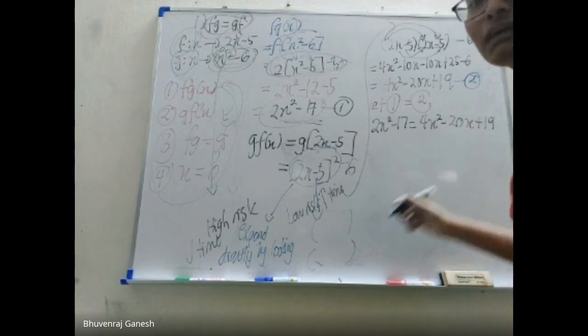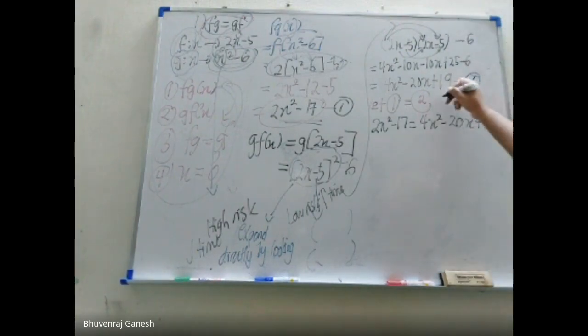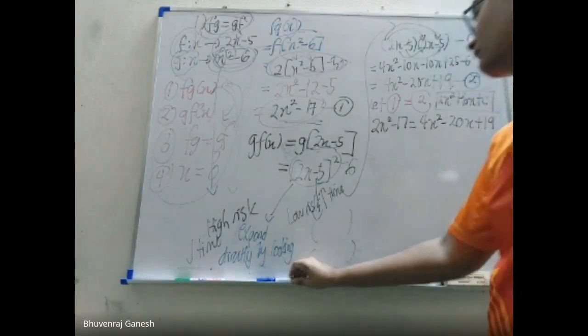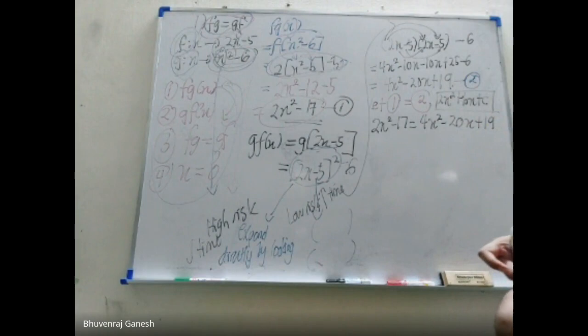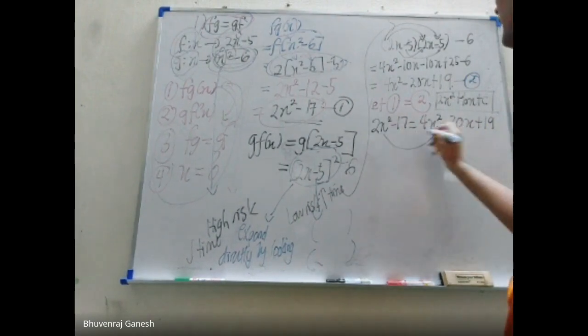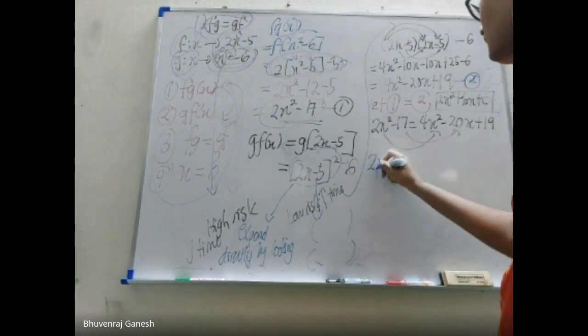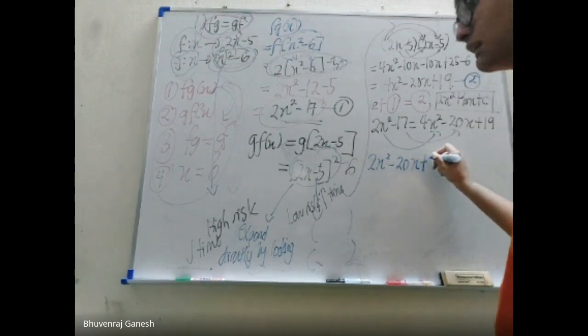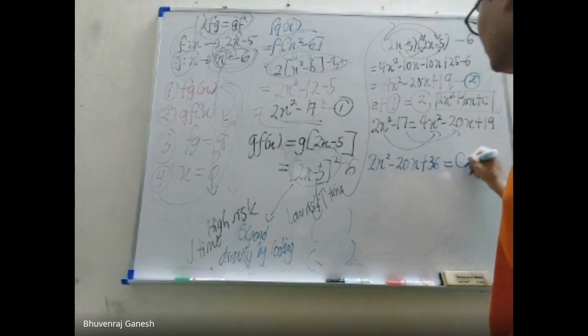Looks complex, but same thing as before. Make sure you get it to your ax squared plus bx plus c format. This is greatly used. You have to know this format for a lot of chapters in NMATS as well. So what I'm going to do is move all this to the right hand side. You will get 2x squared minus 20x plus 36 is 0.